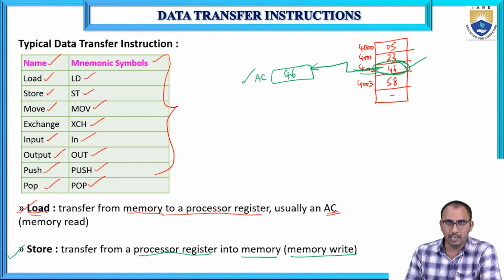Similarly, the load instruction is a memory read operation, where we retrieve the data from the memory and load it into the register. So these are the load and store instructions, and these two instructions are opposite in operation.